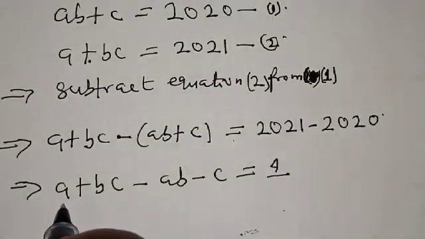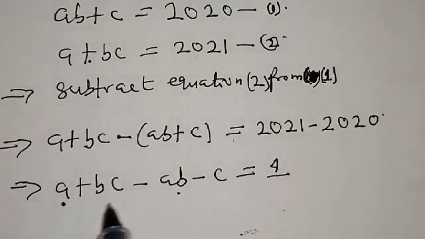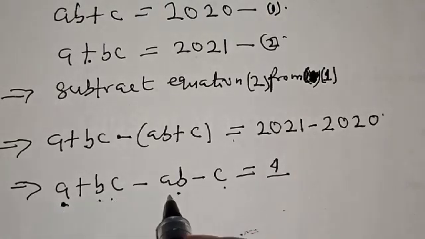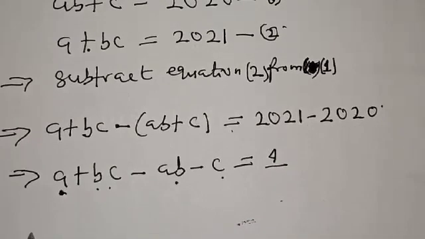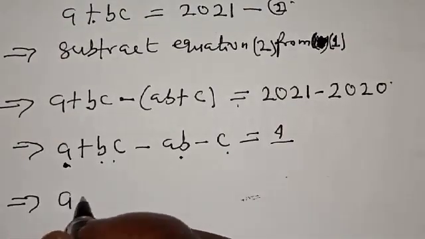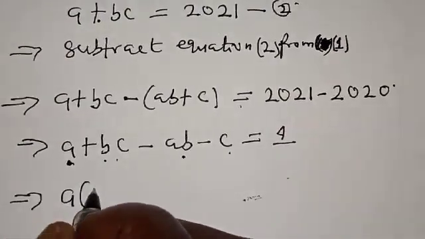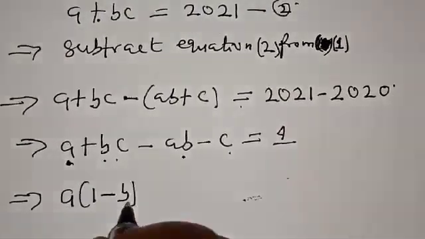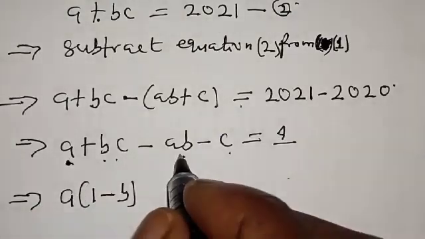Here we have A and AB here. Then we have BC and the C here. Then from A and AB, we can factor A out. This implies that we have A into 1 minus B, that is A is common from here.